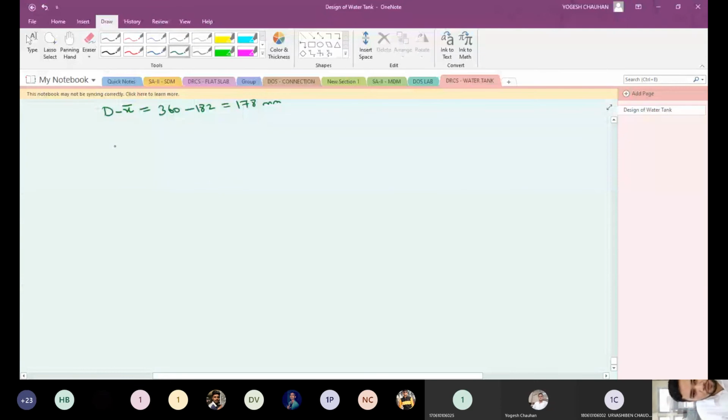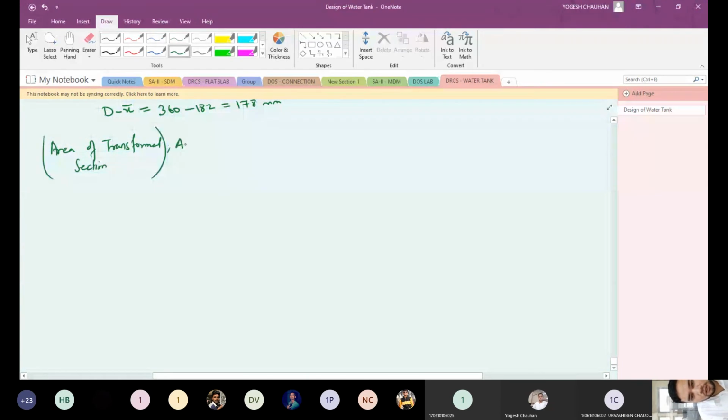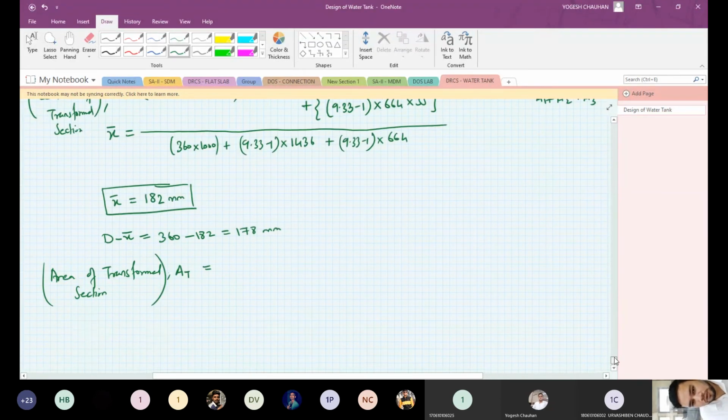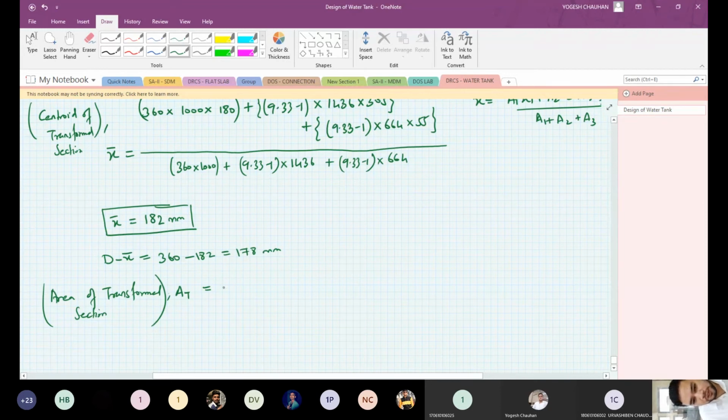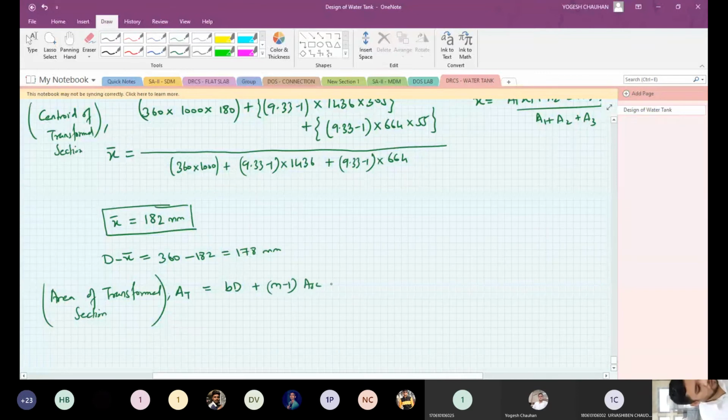Now the area of the transformed section, we call this AT, will be equal to this denominator, that is the area B into D plus m minus 1 into AST plus m minus 1 into ASC.